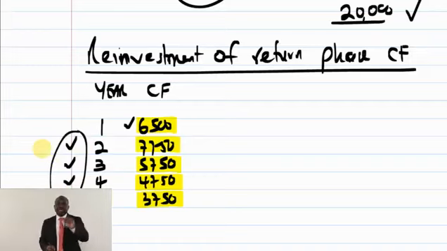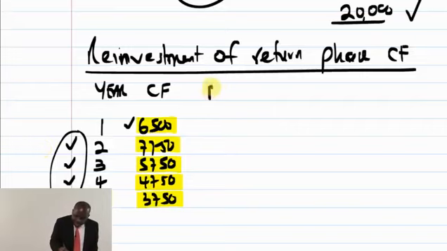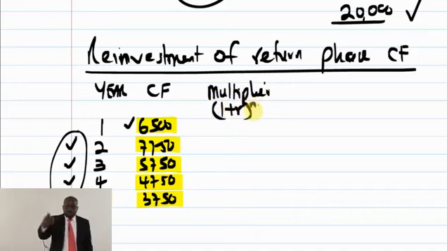So given 6,500, and I'm going to make a return of 8% over a period of 4 years, what will be the total amount I will get at the end of the period? This is what they call the multiplier, and that multiplier is 1 plus r raised to the power n, compounding.